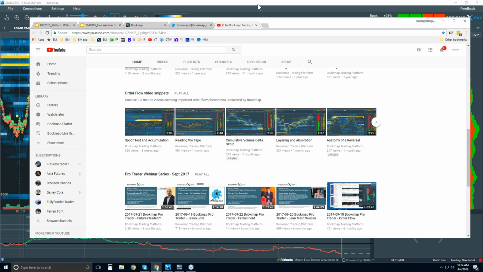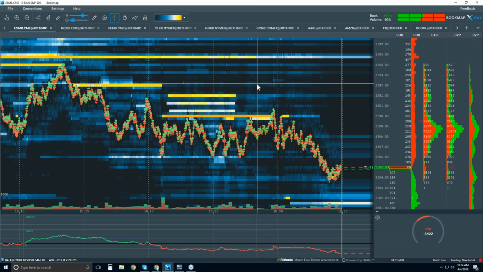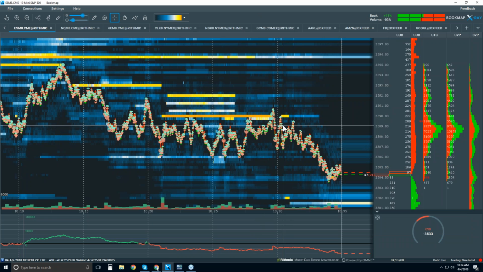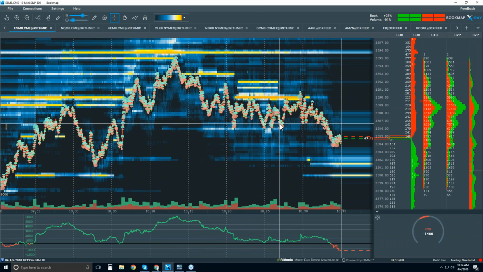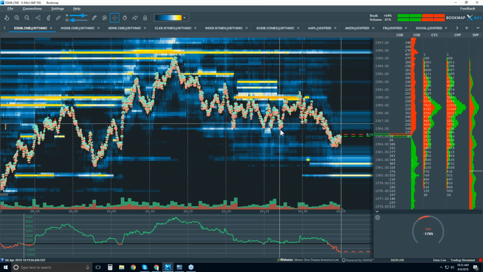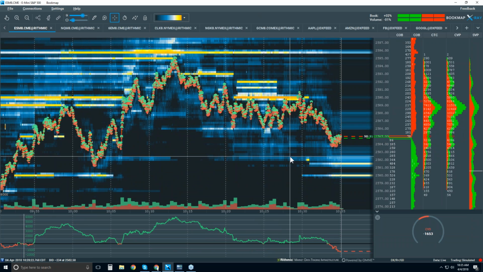All right, so let's jump over and look at this market here, and I'm going to go through in detail what Bookmap is showing you and how you can benefit from this. I'm going to spare you guys.